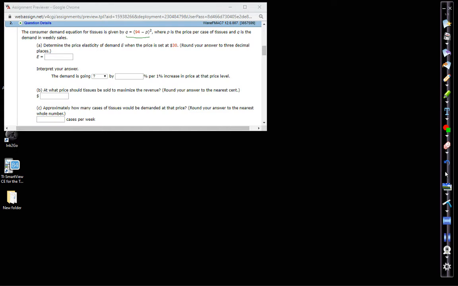And what we're first asked to do is determine the price elasticity of demand when the price is set at $30. So we know that P is 30, and we want to calculate the price elasticity of demand. And we're going to go to 3 decimal places.